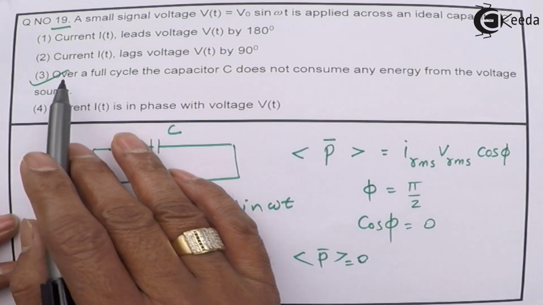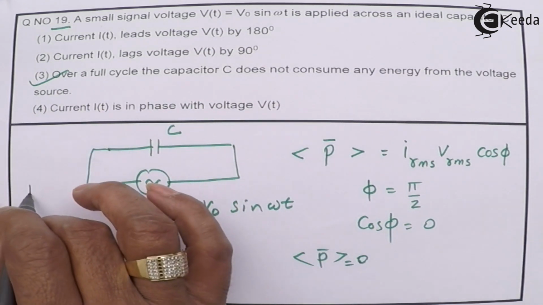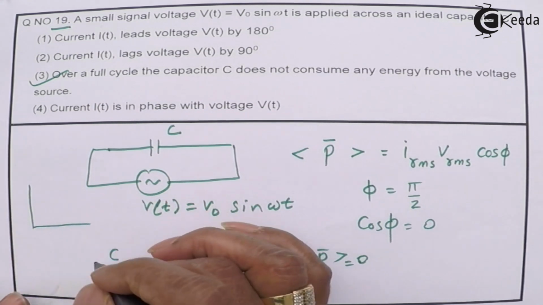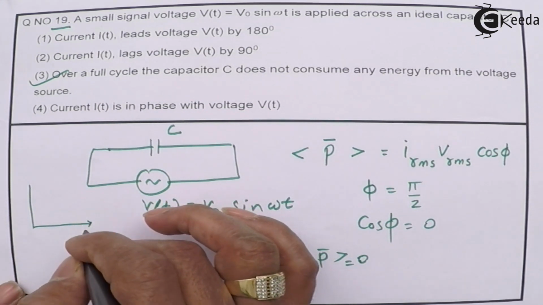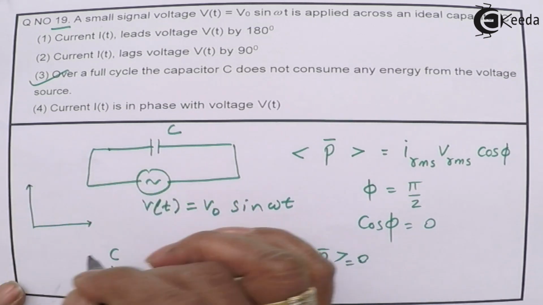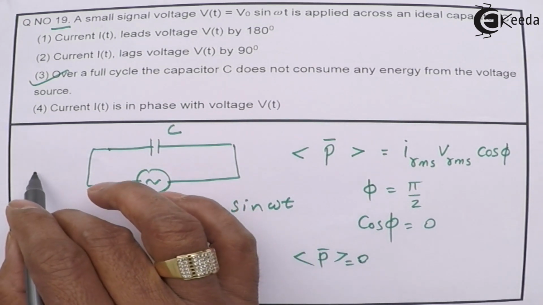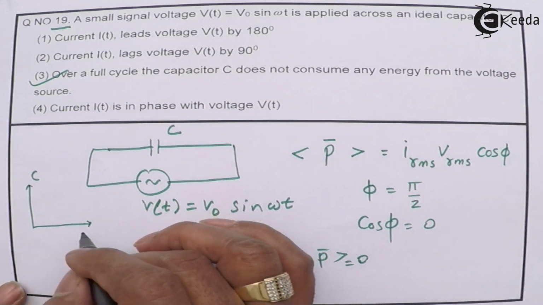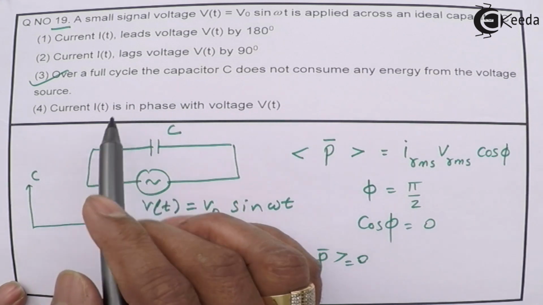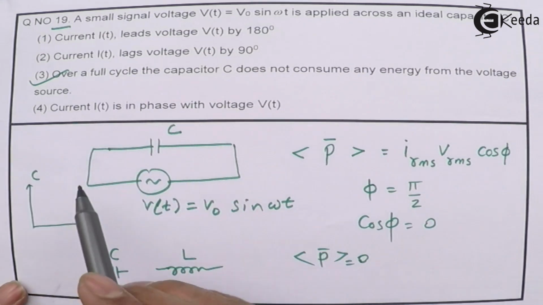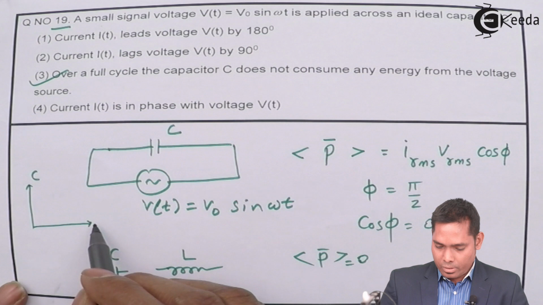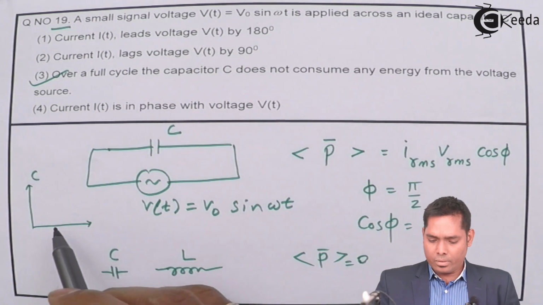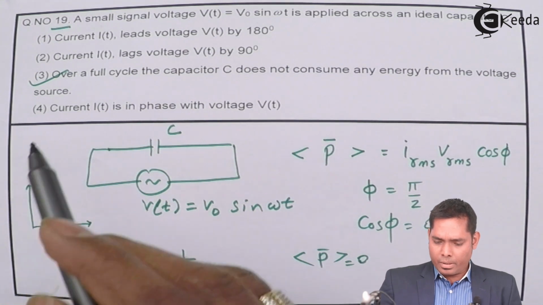In case of AC, if you want to draw this diagram, that is called a phasor diagram, for a capacitive circuit. The voltage you can say is leading by 90, but here it is lagging.